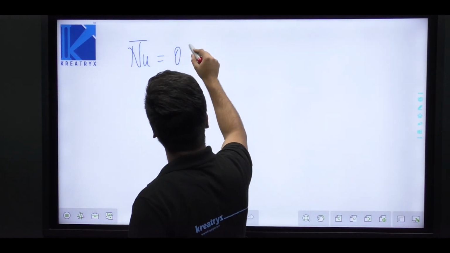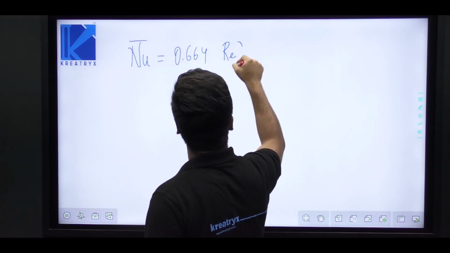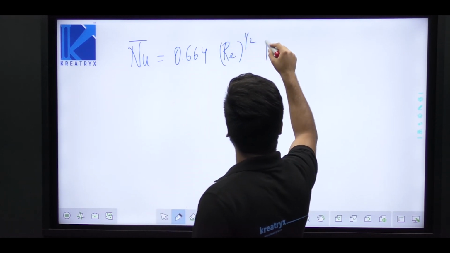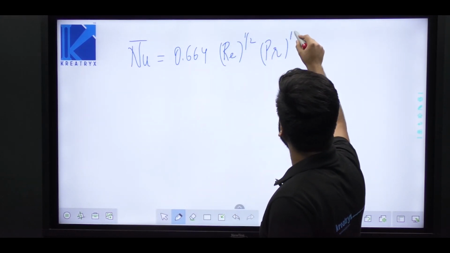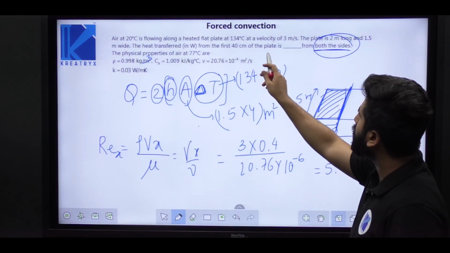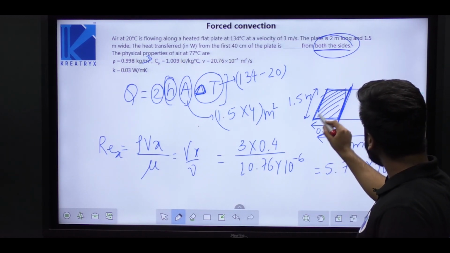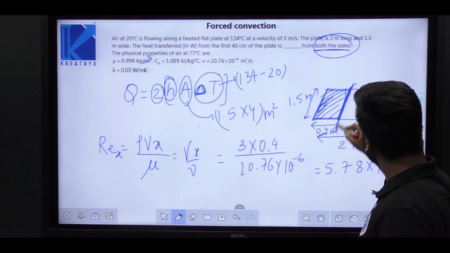Nusselt number is 0.664, and this is Reynolds number raised to the power 1 by 2, Prandtl number raised to the power 1 by 3. Because we have to find the heat transfer from the first 40 centimeter of the plate, we'll be taking the average heat transfer coefficient up to this length.